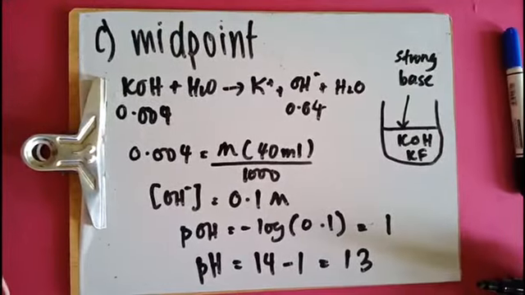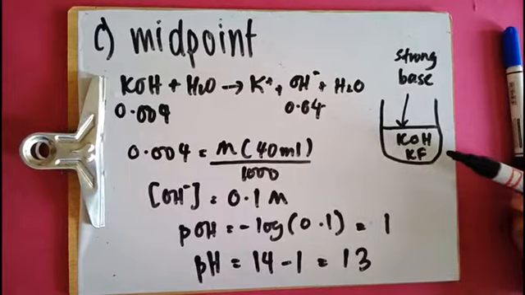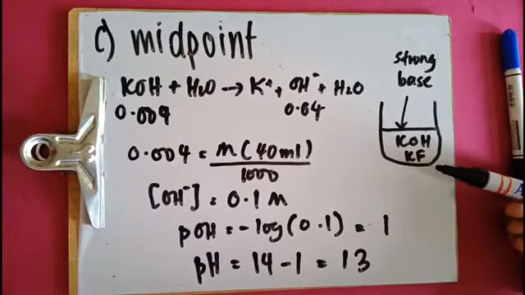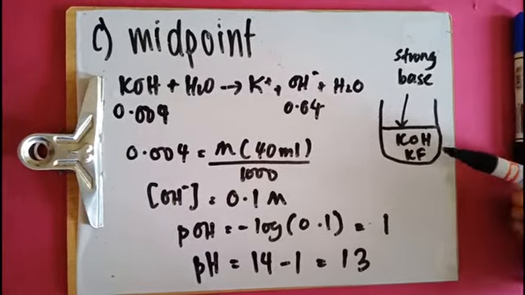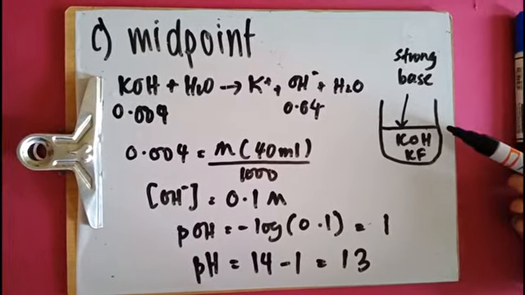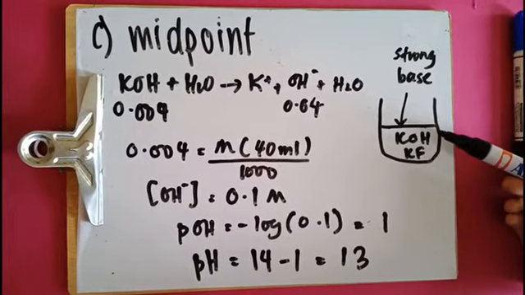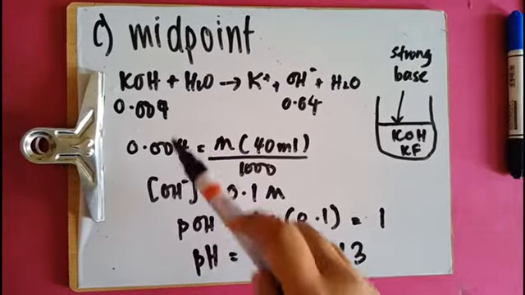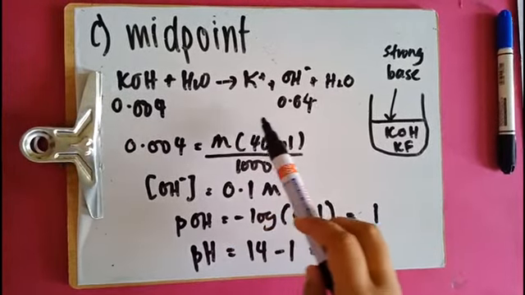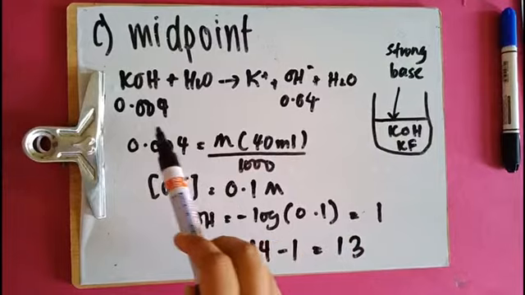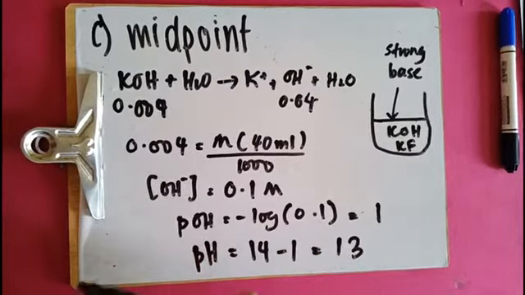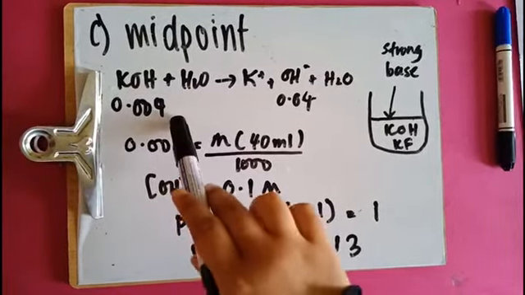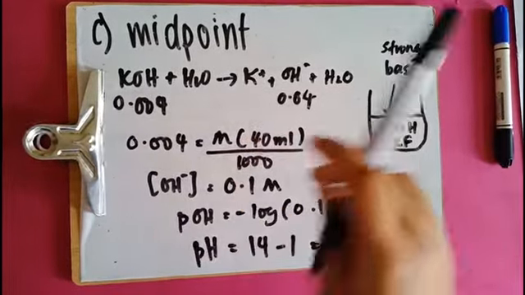So the remaining products in the beaker are KOH and KF, and since KOH is a strong base, the pH will be determined by the concentration of KOH. The KOH will dissociate in water completely, so the moles are the same for the product and the reactant.